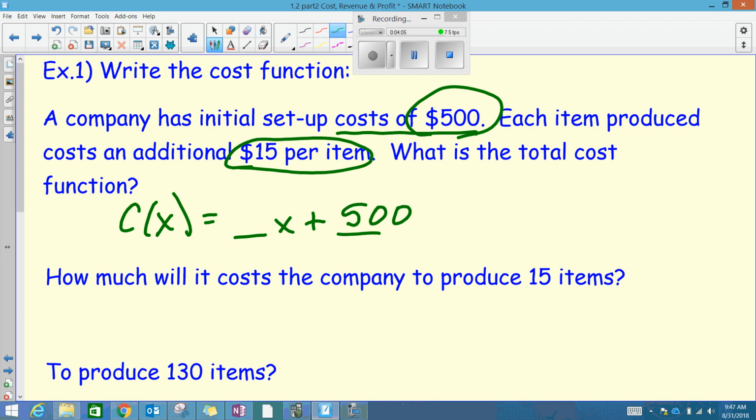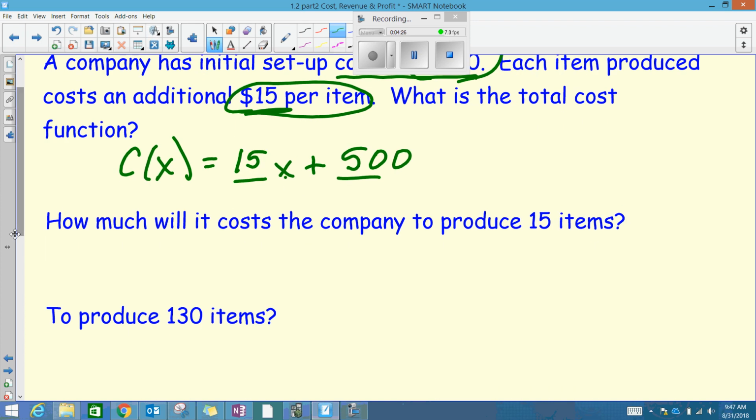Each item produced costs an additional $15. So however many items we produce, which would be x, has to be multiplied by 15. So that's a simple example. So our cost function is 15x plus 500, where x represents the items made, right? And then the answer cost will be how much it costs to make those items.